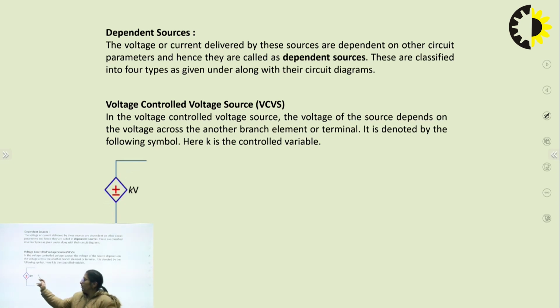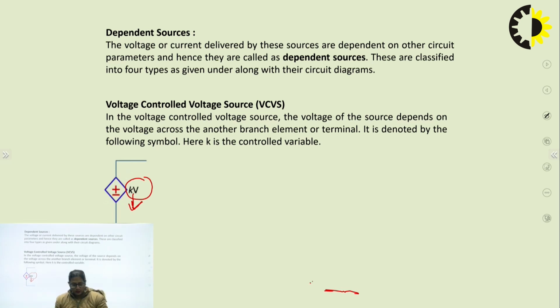The symbol is a rhombus shaped source represented with polarities, and its value is given by kV, where this k depends upon certain other circuit element voltage, right? So that's why we call it voltage controlled, or it is also called a voltage dependent voltage source.